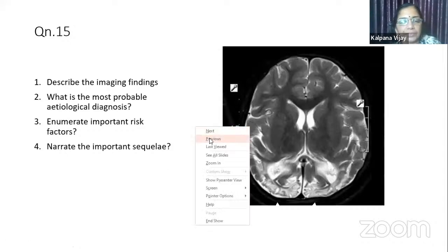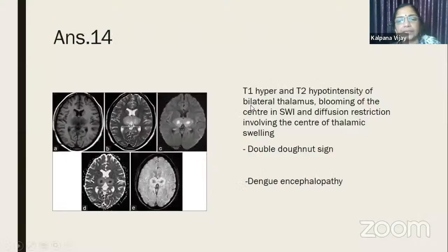Somebody has asked for the 14th slide answer. There is T1 hypointensity and T2 hyperintensity in the bilateral thalamus with swelling. This is the diffusion weighted image, and this is the ADC map. In diffusion weighted it is white, and in the ADC it is black.